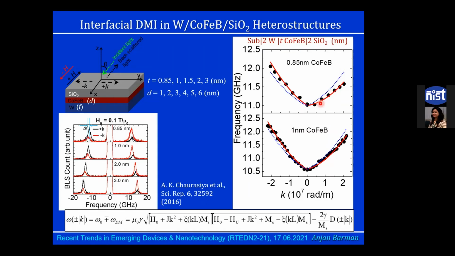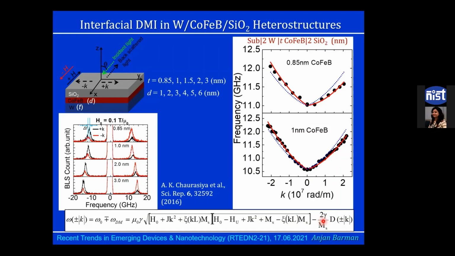From here we can do the modeling using the spin wave dispersion equation, where I add this term, which is the Dzyaloshinskii-Moriya term. This term is linear in k, so D plus or minus k. If I change the sign of k, this term will either be added or subtracted, and as a result, the asymmetry occurs.